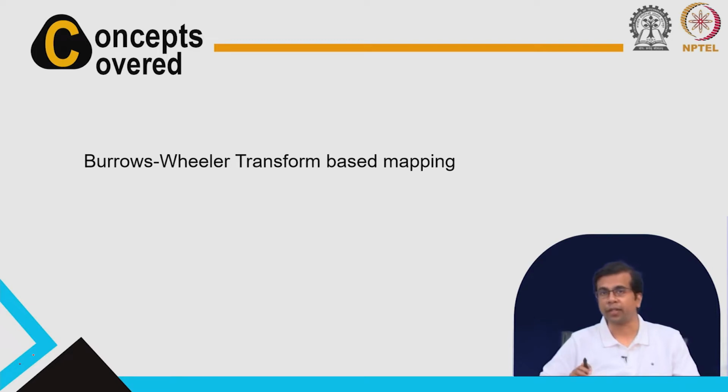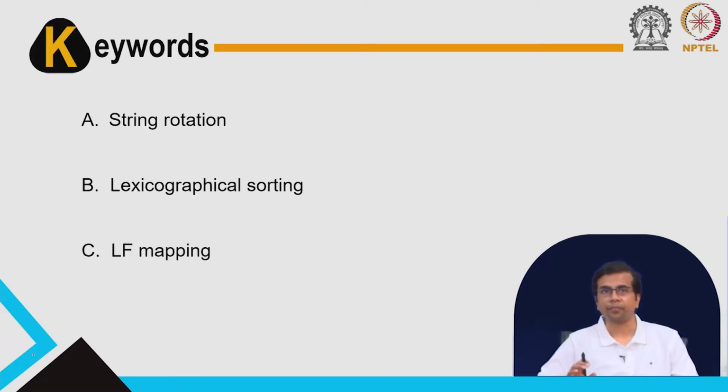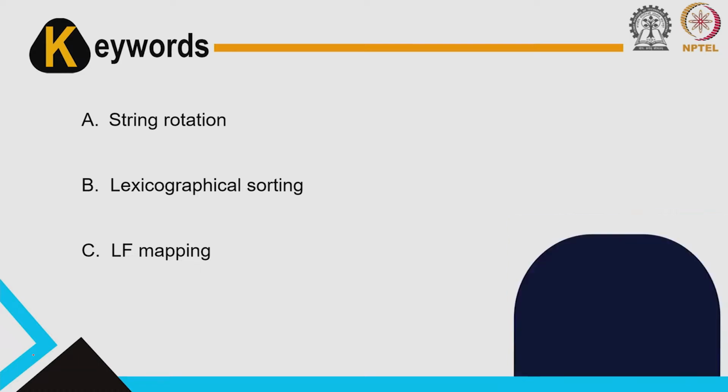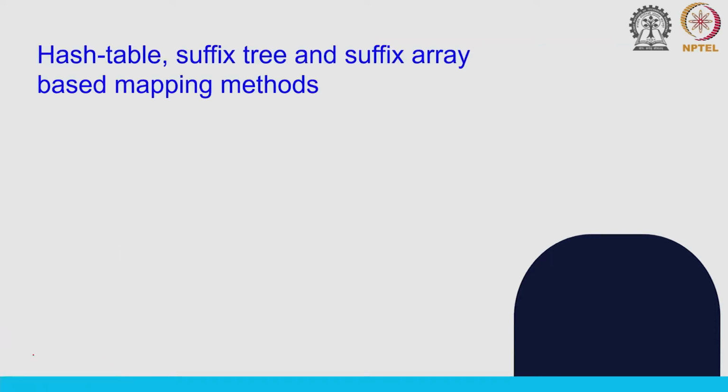We will discuss what this transform is, and then the mapping algorithm. These are the keywords that will come across in this presentation: one is string rotation, another is lexicographical sorting, and the third is left mapping. We will discuss these concepts in detail, but you will see these terms throughout the presentation.